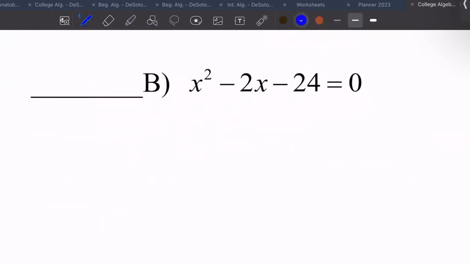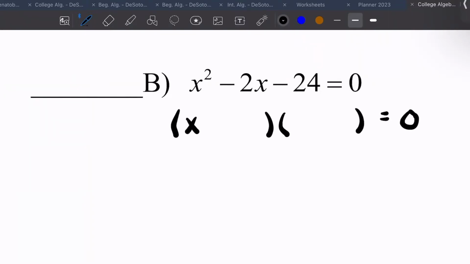Let's do one of our own. First step is standard form, so that means equal to 0. Well, it's already equal to 0, so we're okay. Now I need to factor the left-hand side of the equation. We know that this is an easy trinomial, right?